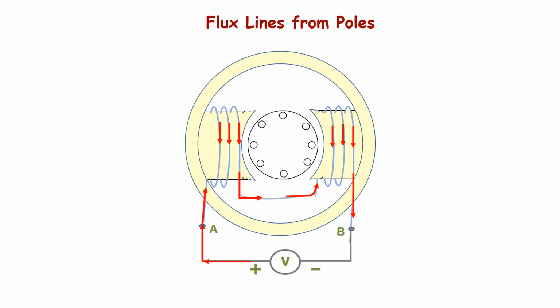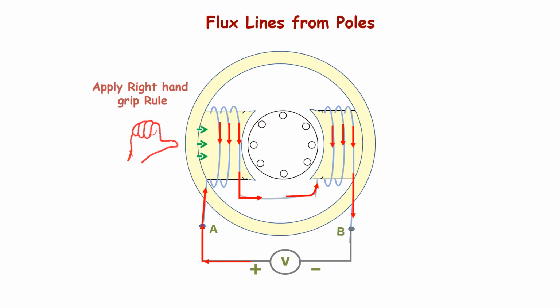Let us see how the flux lines are produced from the poles. You are seeing in the figure the directions of the currents in the two field coils. Apply the right hand grip rule to the first field coil. Show the four fingers in the current's direction. The thumb is directed towards right.